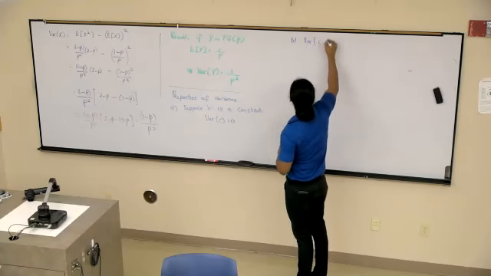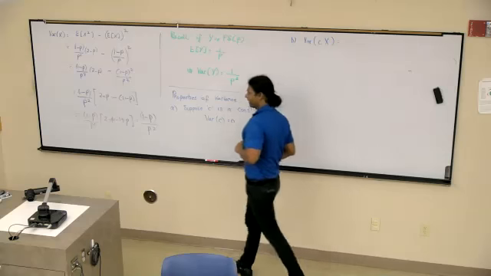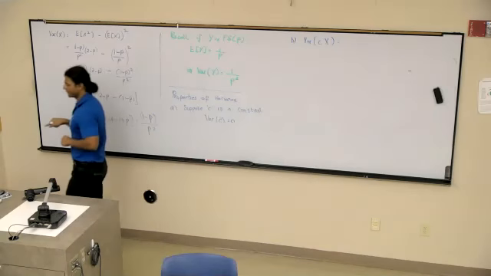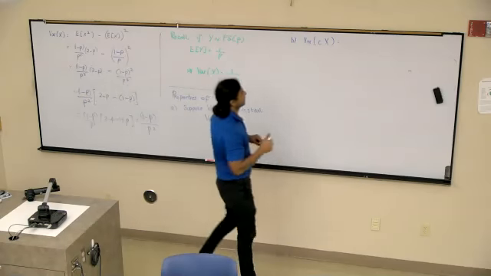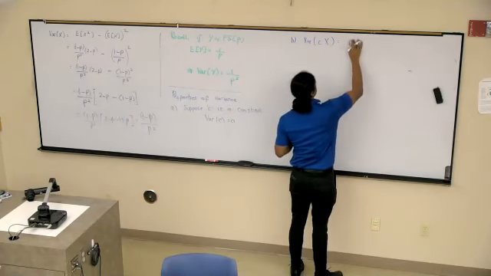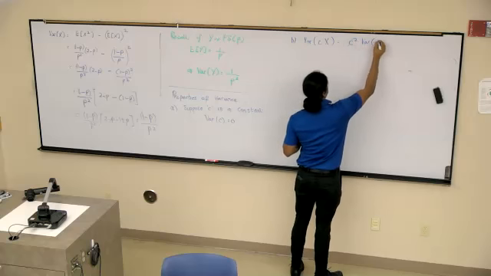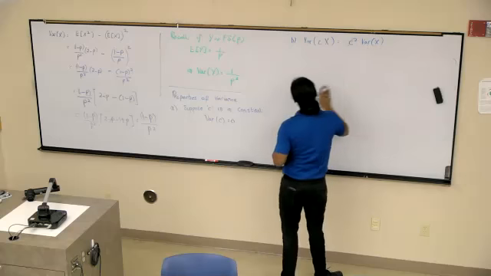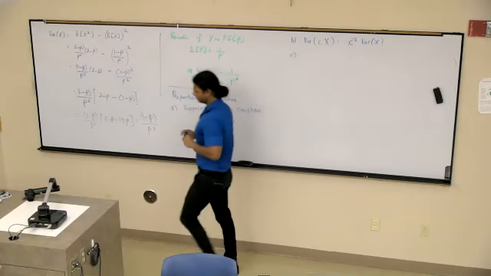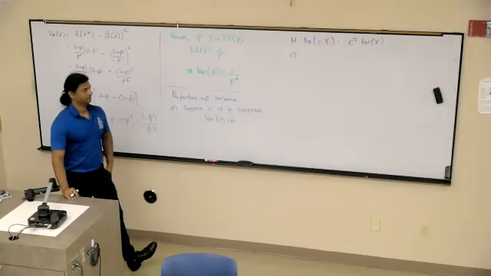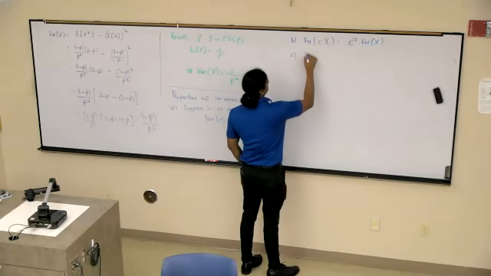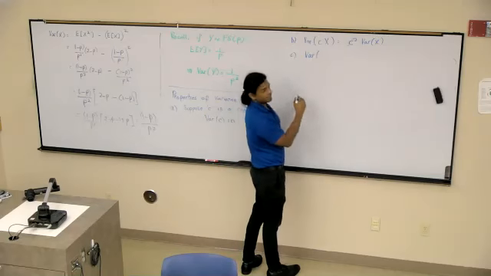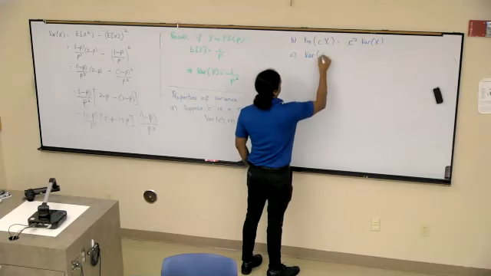C is still a constant. The variance of C times X would simply be equal to C squared multiplied by the variance of X. C is still a constant.